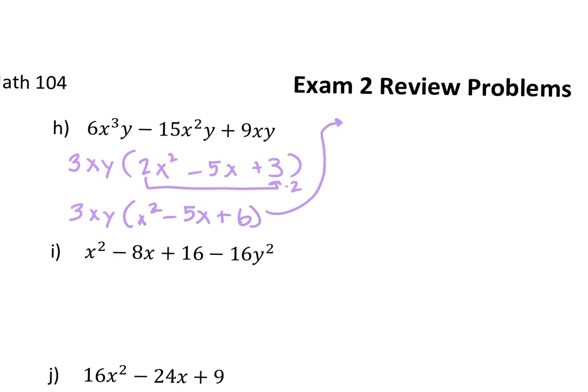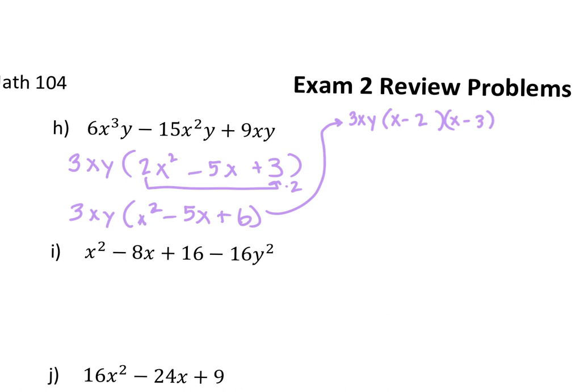Okay, and then when I factor that, the factors of positive 6 that give me negative 5 are negative 2 and negative 3. So x minus 2, x minus 3.